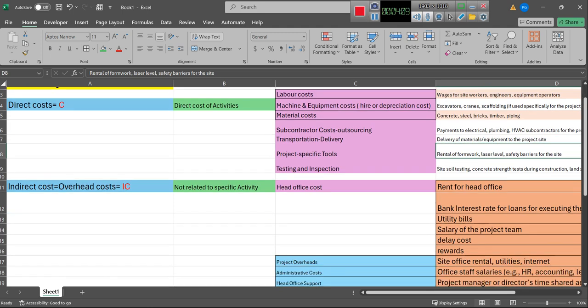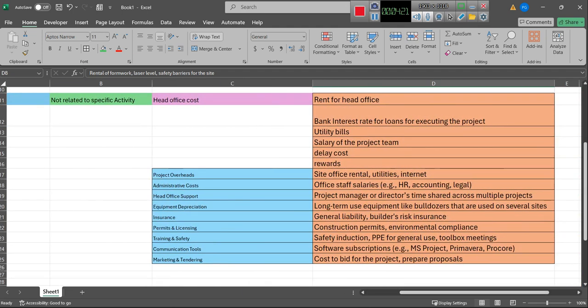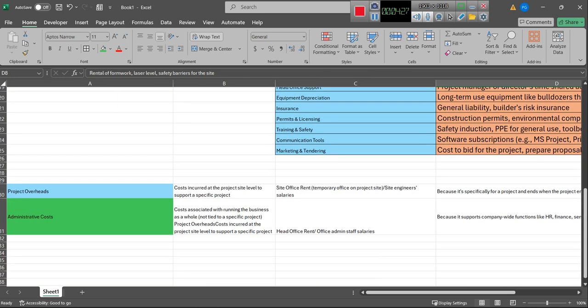But you also have the indirect cost, which we call overhead cost. They are not related to a specific task or activity. I categorize them here: project overhead and administrative cost. Let's see the difference. Project overhead is cost incurred at the project site level to support a specific project.